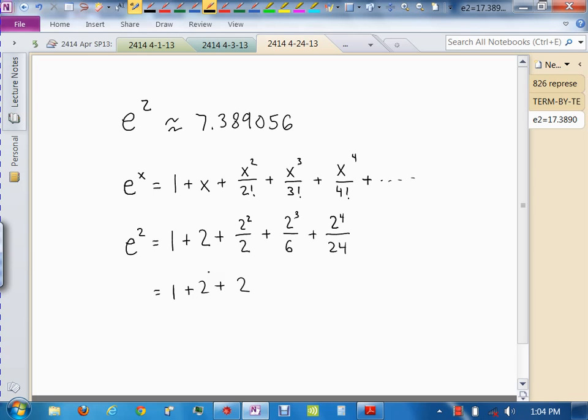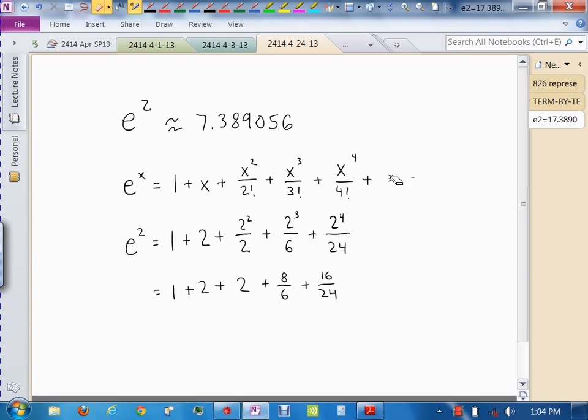Isn't 2 squared over 2, 4 over 2, so that's 2. This is 8/6, which you can reduce, and 16 over 24, you can reduce those. Someone get just those fractions there. Do 1 plus 2 plus 2 plus 8/6 plus 16 over 24, and what do you get? 7? Oh, it's 7? It's just 7? We got lucky.